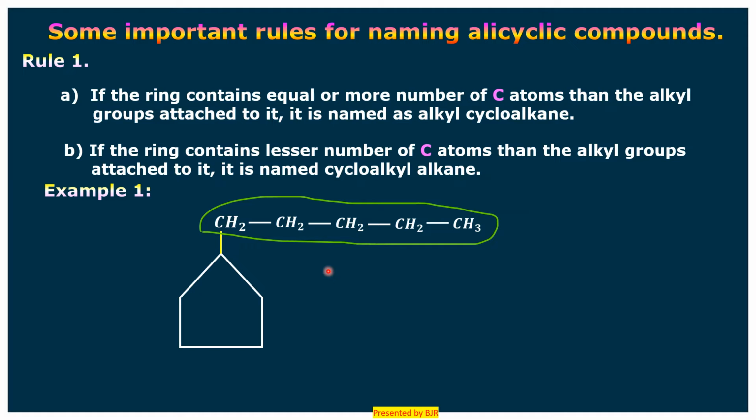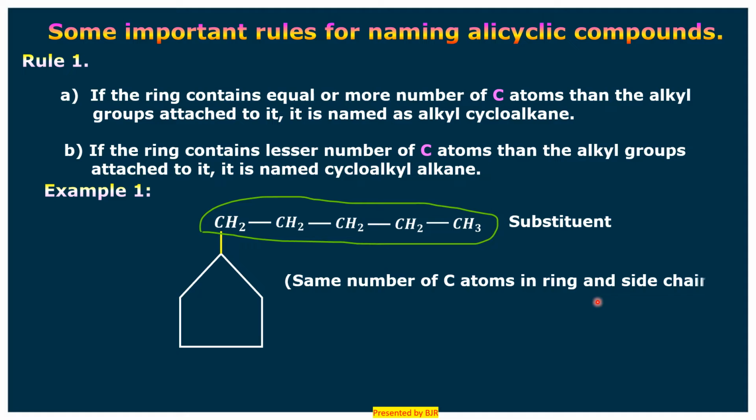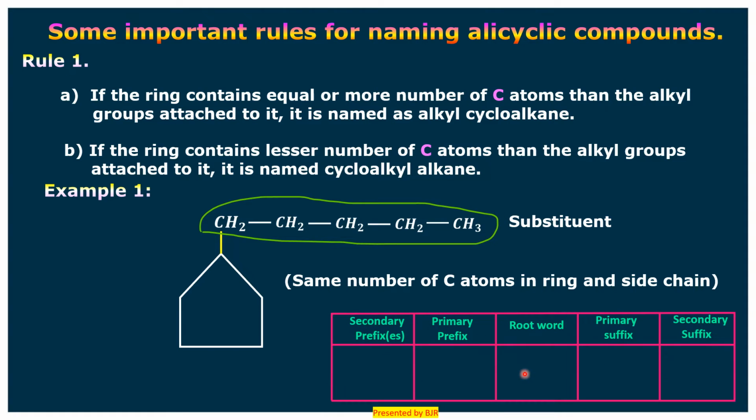The parent name is derived from the number of carbon atoms present in the ring. Here you can see the same number of carbon atoms in the ring and side chain, so the root word is derived from the number of carbon atoms present in the ring. So 5 carbon atoms are there, so it is pent, primary suffix ane.